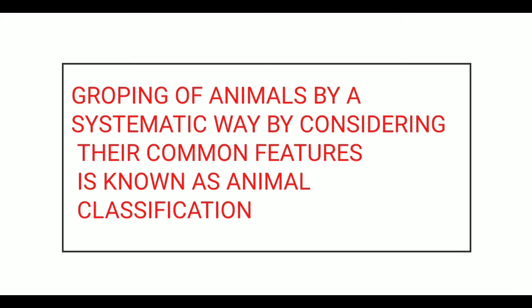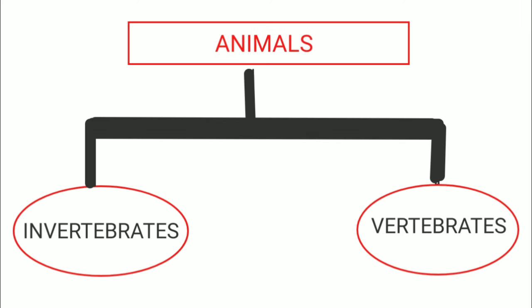Some animals haven't a backbone, and some have a backbone. Then animals can be divided into two groups, that is invertebrates and vertebrates.